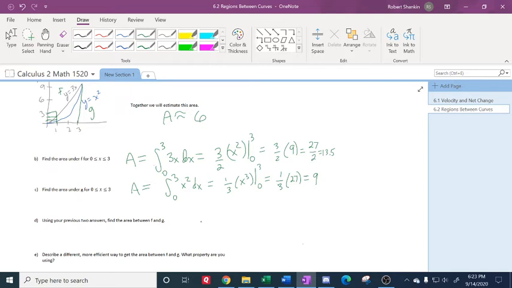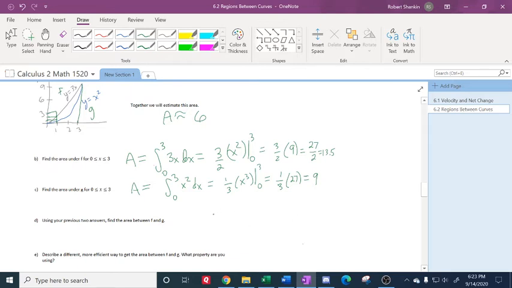Let me switch over then to group 2. Group 2, what do you got for D? Hi, this is Herman from Group 2. Well, we didn't really have an answer, but I thought the integral from 0 to 3 of x squared minus 3x.